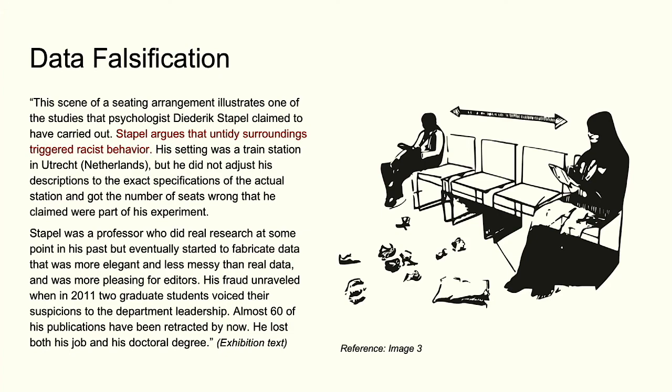These graduate students, these very brave graduate students, voiced concerns to the department leadership, and the whole set of fabrications began to unravel. 60 of his publications were retracted. He lost his job, his doctoral degree. One of the most dangerous things that happened here was that he gave his data also to his doctoral students.